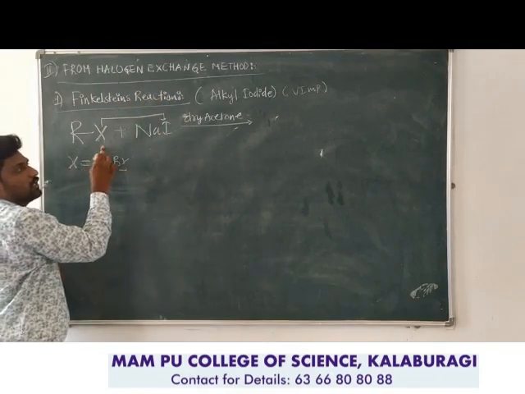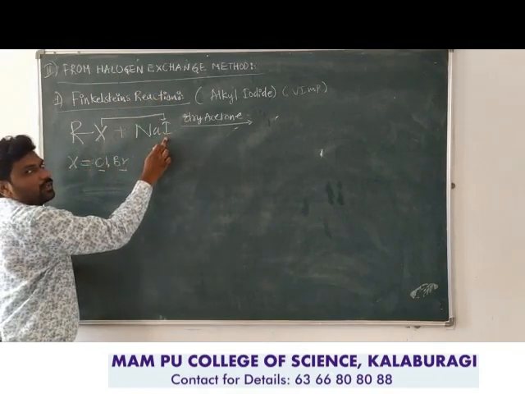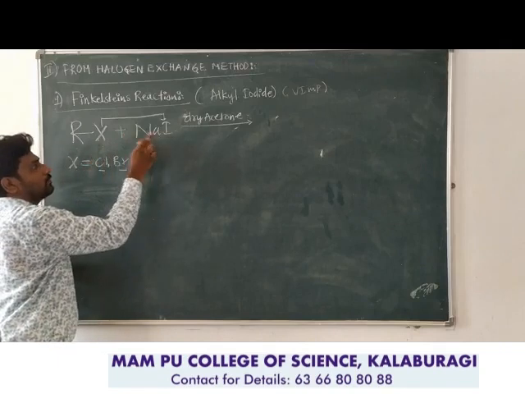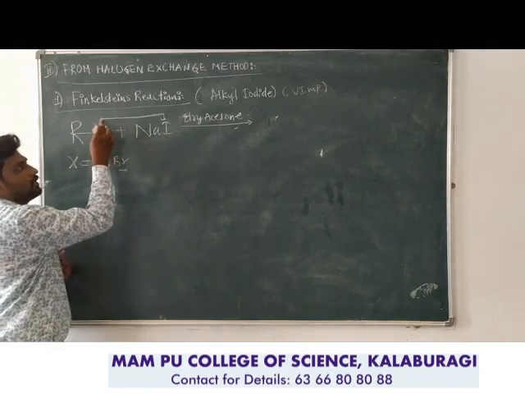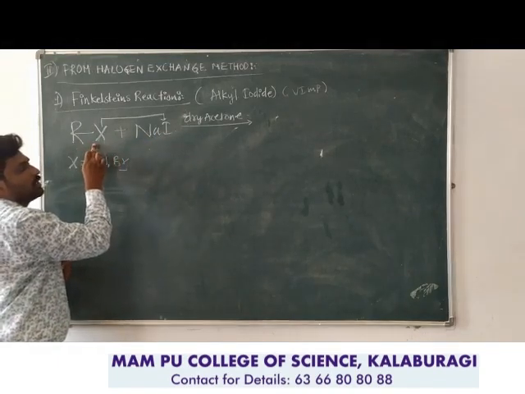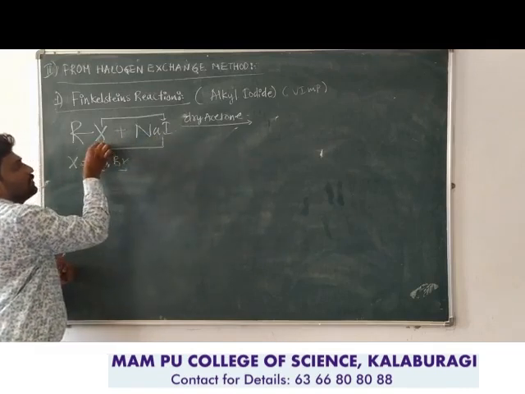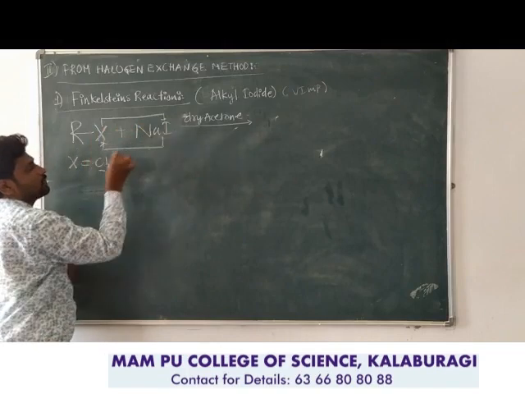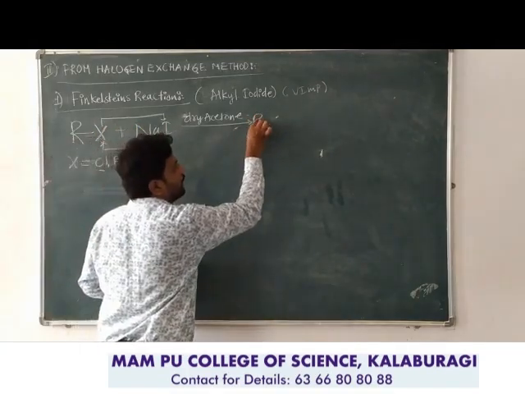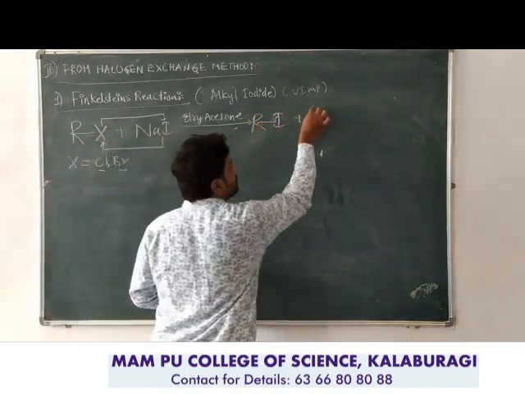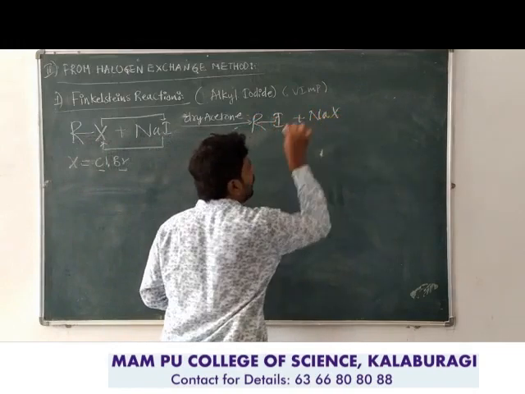As the name itself suggests, it is halogen exchange. Here we also have iodine as a halogen. Iodine will substitute the X, and X will substitute the iodine. So the iodine comes here and the X goes there, and we get alkyl iodide plus NaX.